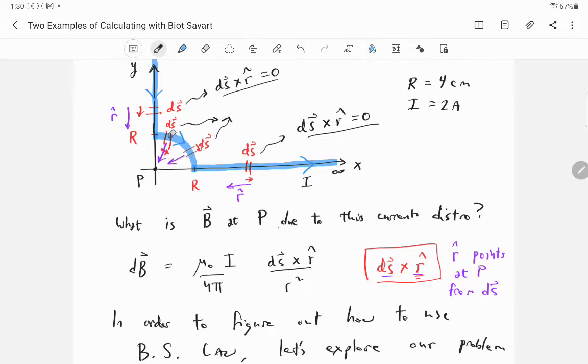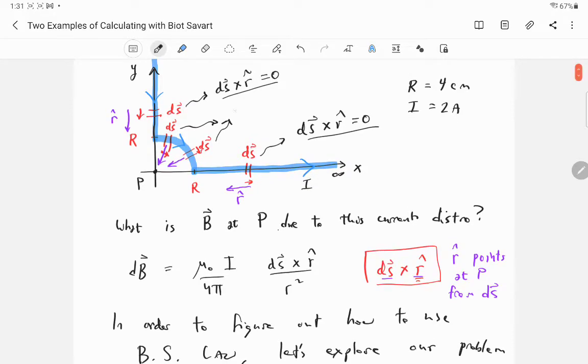The r hat vector points along the radial direction. The ds vector points along the tangential direction, and tangential to radial is perpendicular. So ds cross r hat, in that case, is not 0. So I'm going to say that we need to worry about it because it's not 0. When things aren't 0, you have to worry about them, but when things are 0, you do not worry about them when you're thinking about integration.